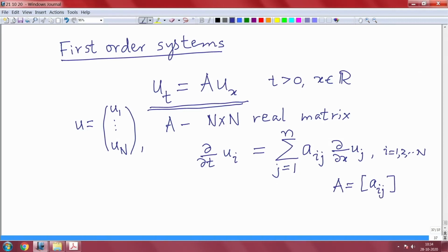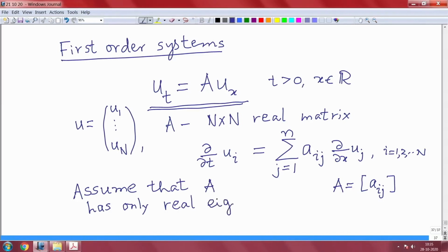We assume that, so this is the basic assumption, that the matrix A has only real eigenvalues. As you all know, even a real matrix can have complex eigenvalues.